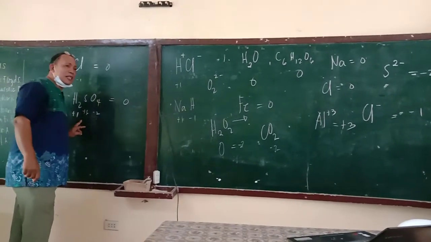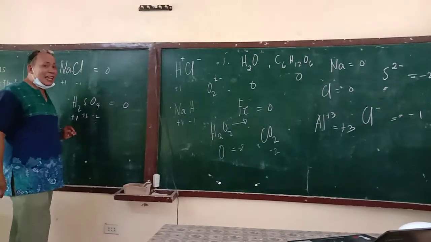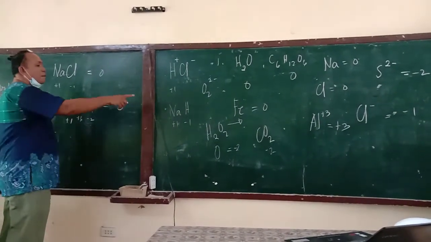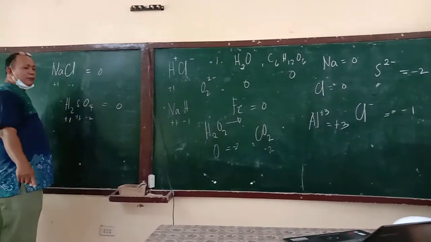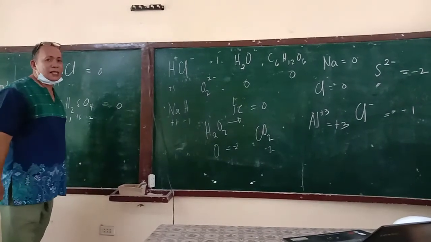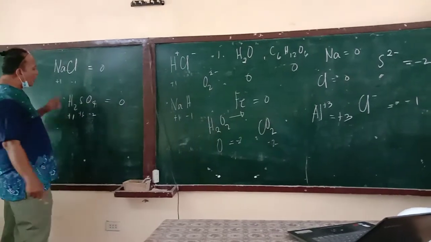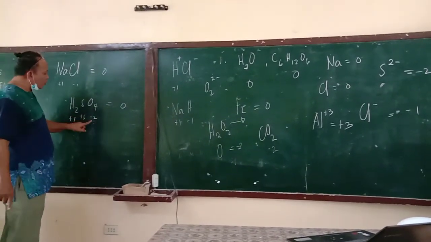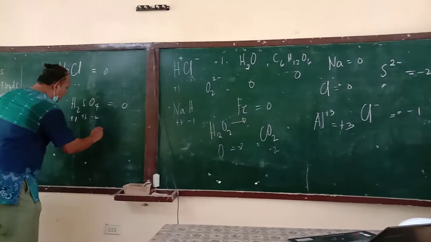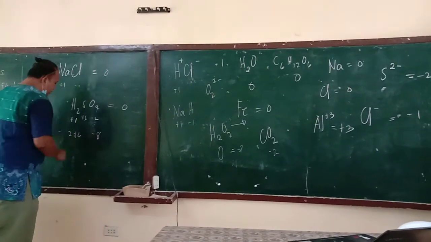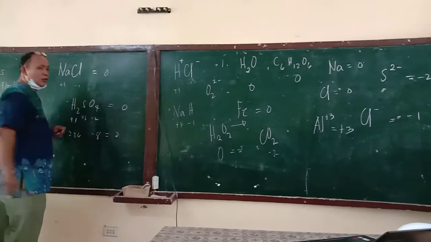Sometimes it is also +5, so take note. Based on rule number 5, oxygen is always -2 unless it is a peroxide. So -2 times 4 is -8, 1 times 2 is 2, plus 6, so it becomes 0.